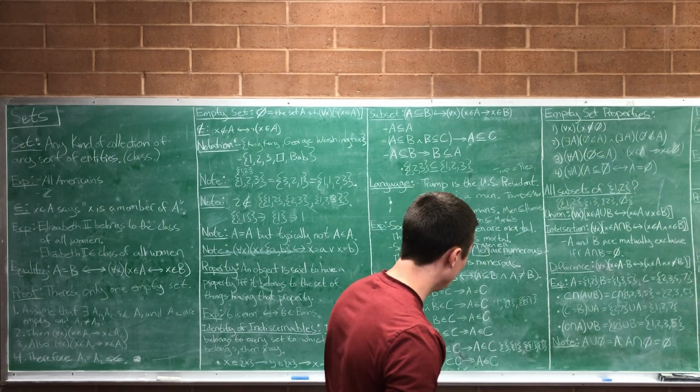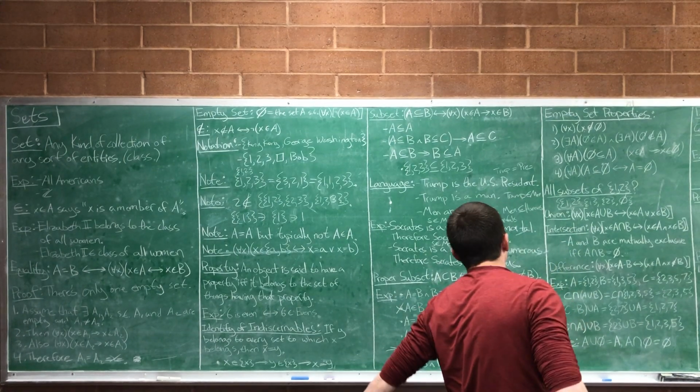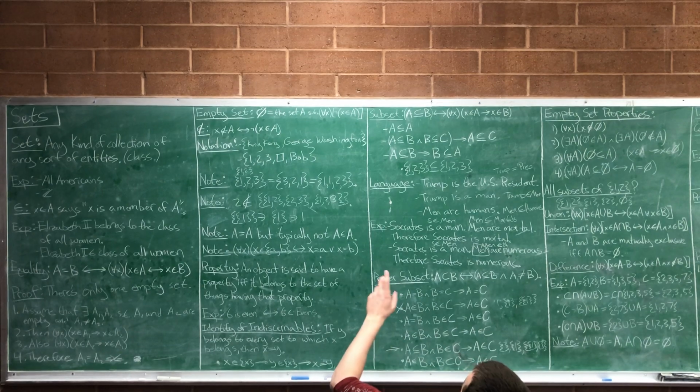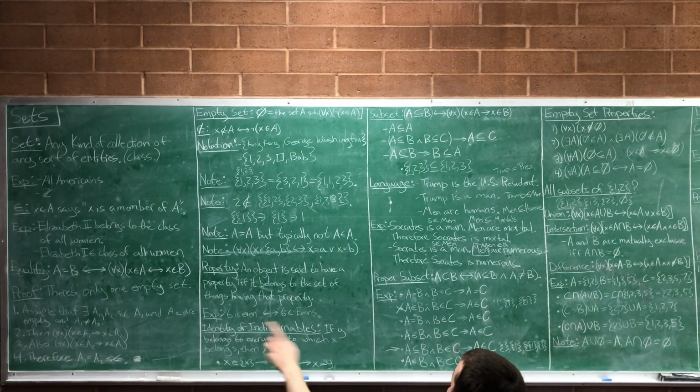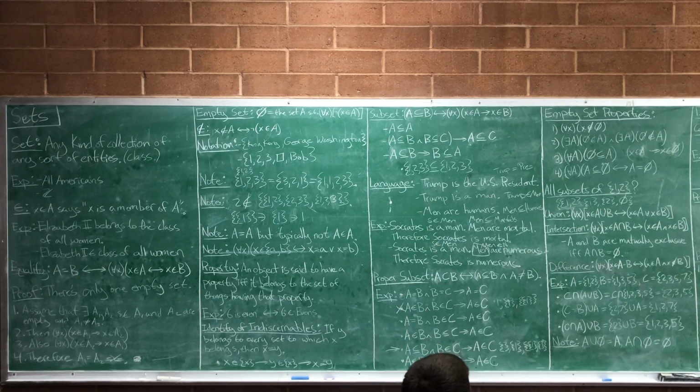Okay. Moving on. Union. I should note, when we were talking about is a member of, equality, subset, and proper subset, we were always talking about relations on sets. These were giving us relations between those objects.